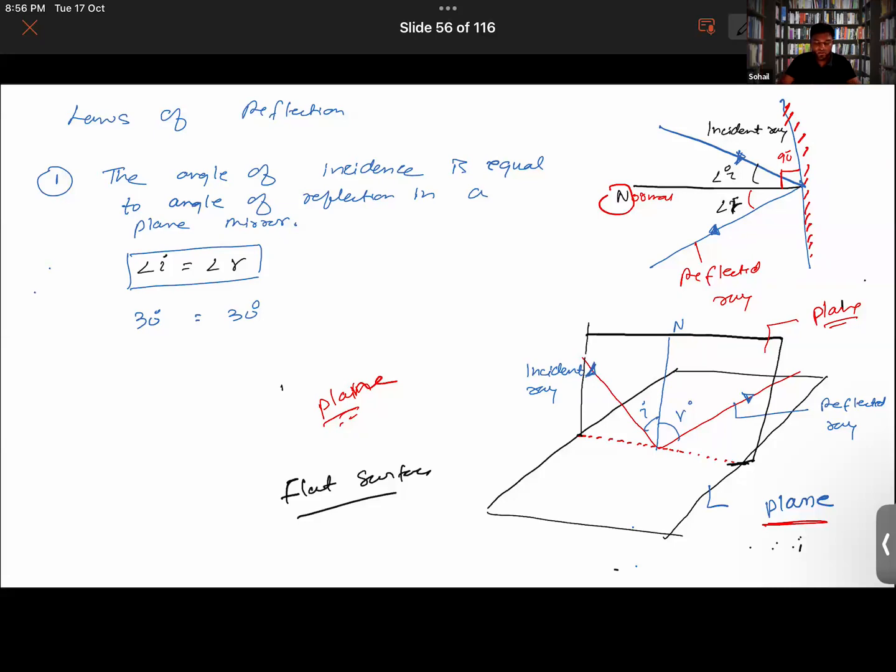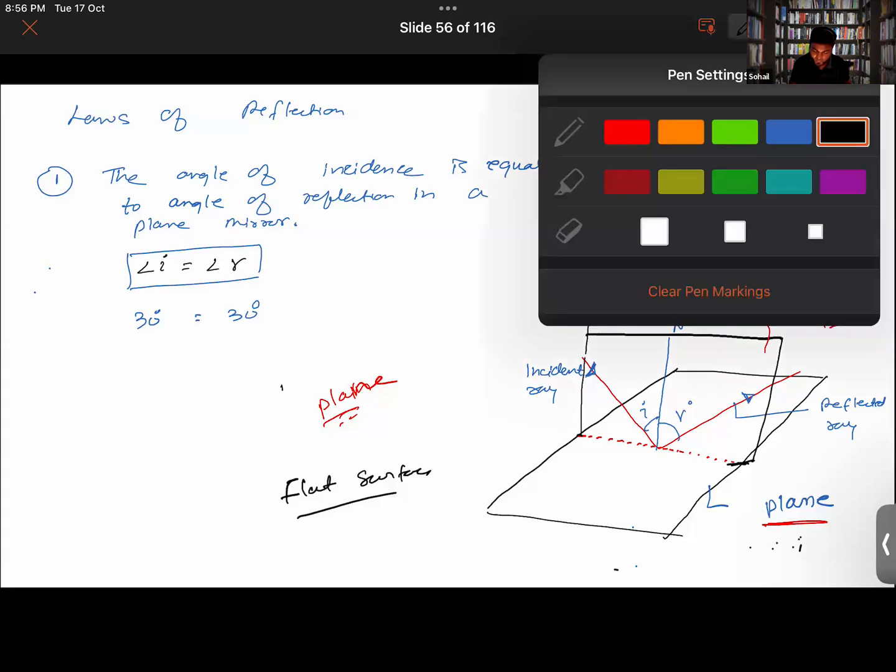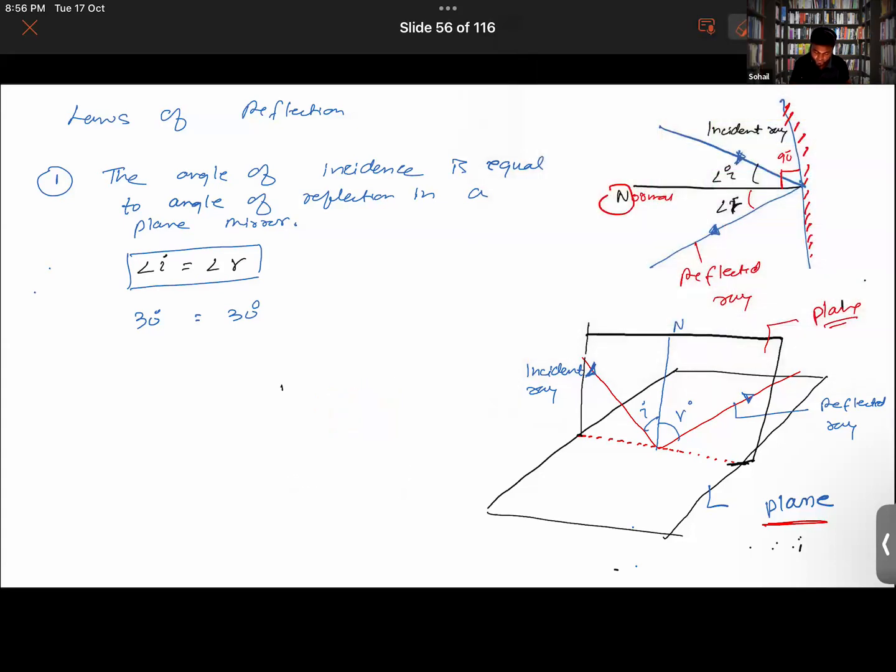Is the concept clear or not? That is what the second law of reflection is all about. So how do we define that? Anyone? Try to define it in your own language.